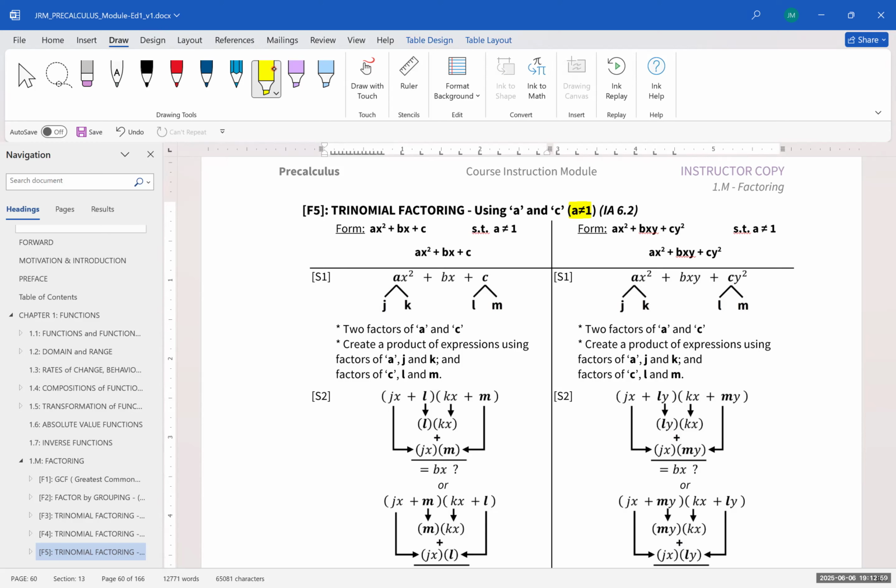So again, you're going to have a trinomial in this form, but because a is not equal to one, you're going to have some kind of coefficient in front of that leading term. So what do you do? Like what we did previously, we looked at factors of the constant term, and we found two.